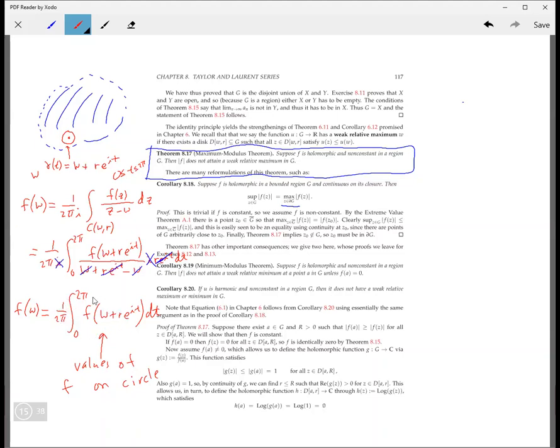So this is basically telling you that f of w is the average value of points on the circle, of the values on the circle, I'm sorry.